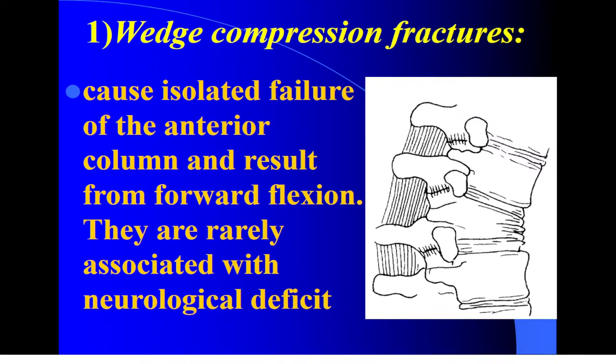In between 1/3 and half, it is a second grade compression. And if the anterior height of the vertebra decreases by more than 1/2 compared to the posterior, we call it compression fracture grade 3.